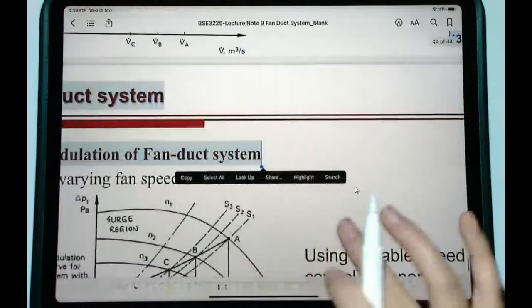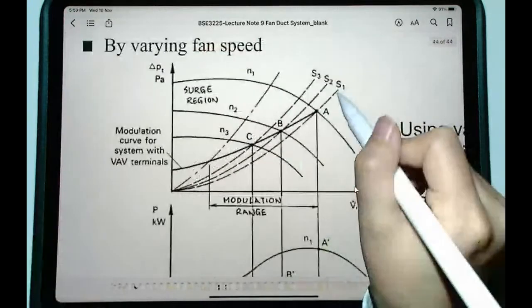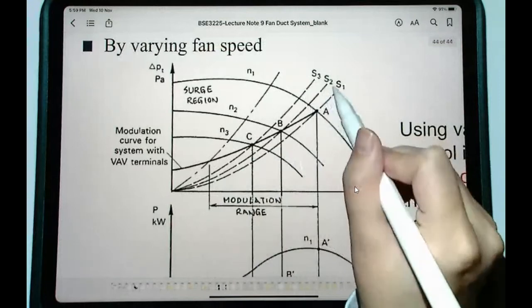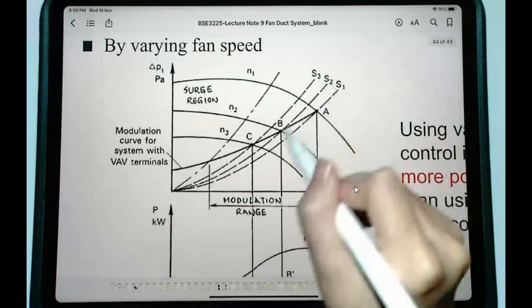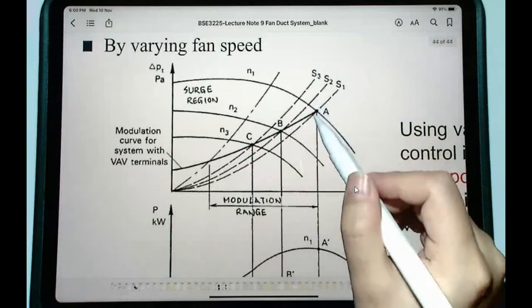So if the system is with VAV terminals, then the system curve can also change: S1, S2, and S3.